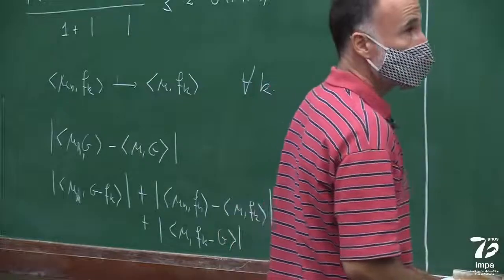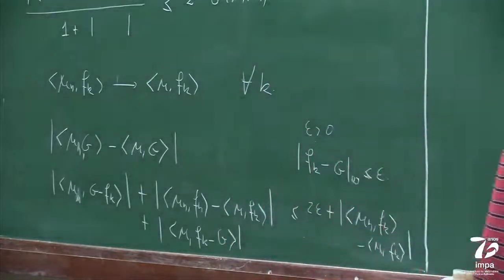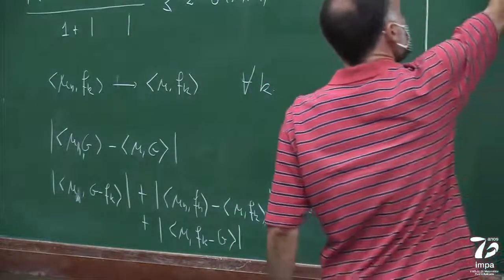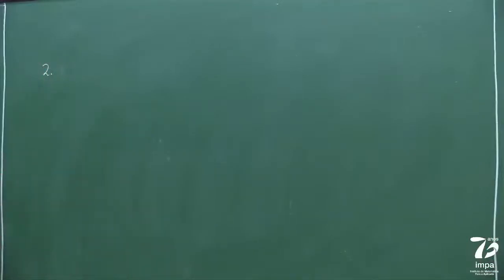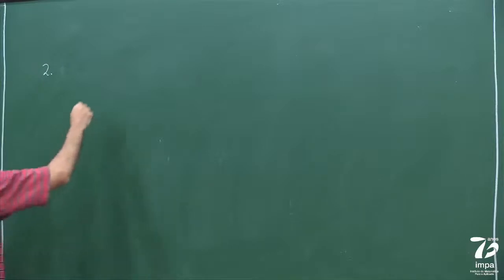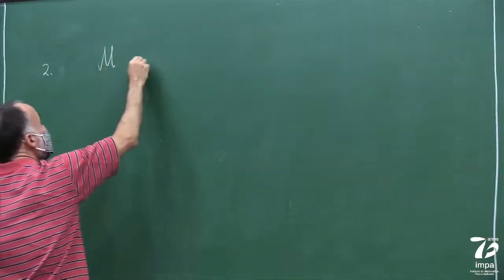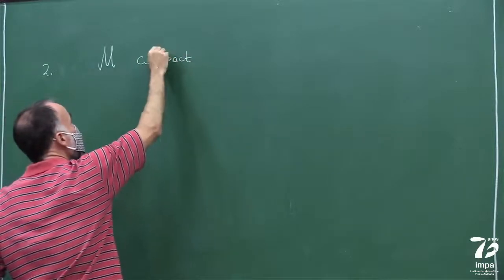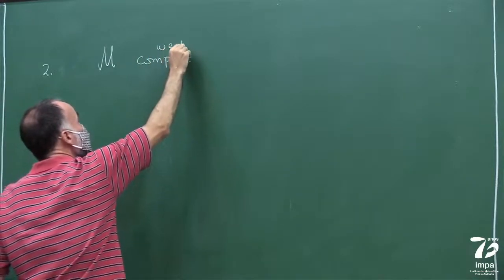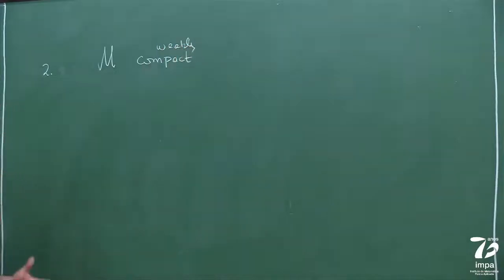Okay, now, second fact, which I claim is that this space is compact. So weakly compact, which means that if I consider a sequence mu n in M, I can extract a converging subsequence.